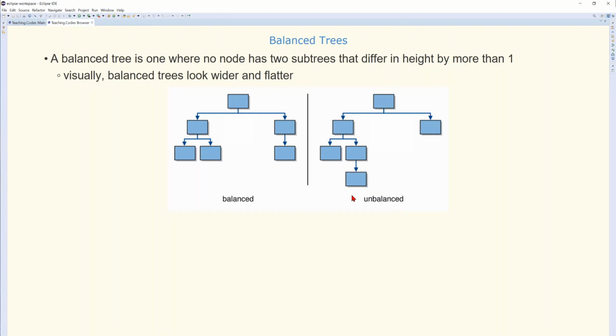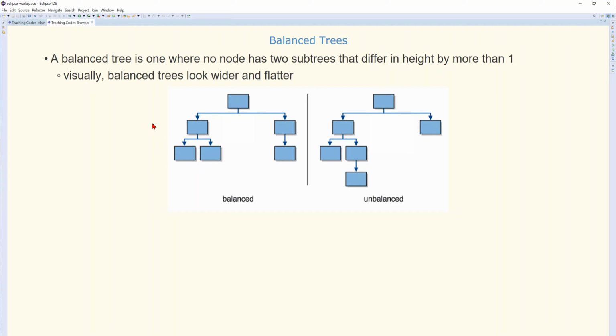In general, if you look at the trees visually, the balanced trees look a little bit wider and flatter, whereas the unbalanced trees typically look accumulated to one side.